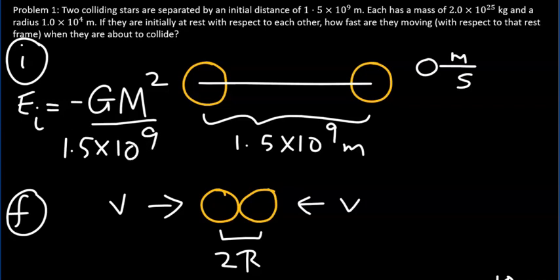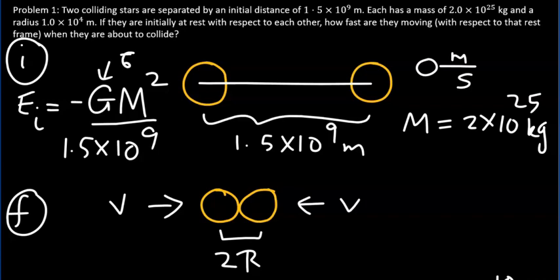There is no kinetic energy because they are at rest initially. Note the mass of the stars are given, so each mass is 2 times 10 to the power 25 kg, and we know the value of G as 6.67 times 10 to the power minus 11 in SI units.